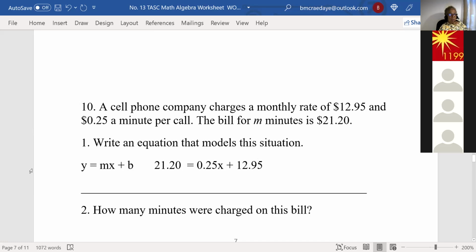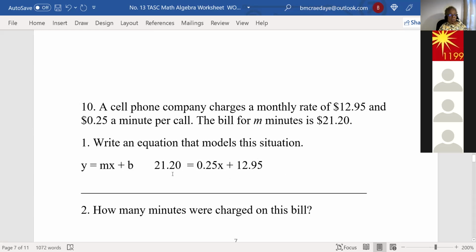That's the equation. Y, the amount of the bill, is the minutes times the minutes per call rate plus this constant $12.95. So that's your equation.